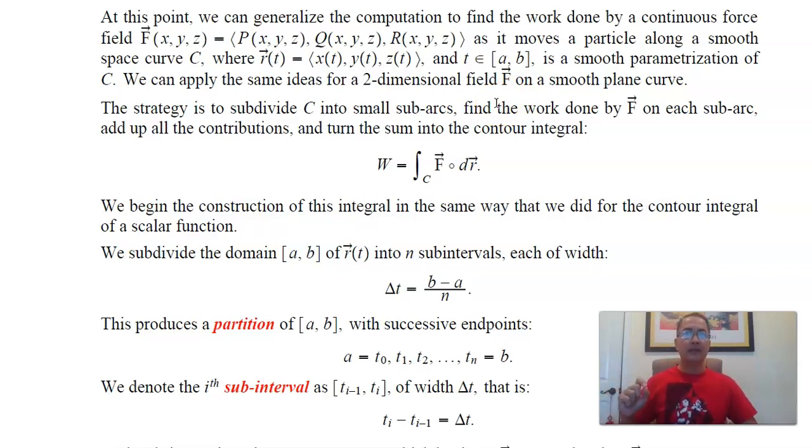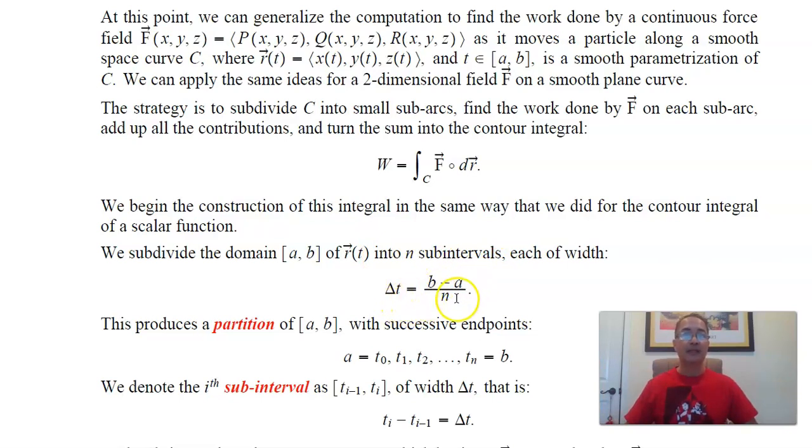We are going to start off the process using the same idea that we did for the contour integral of a scalar function. We are going to divide our domain a to b into n subintervals of equal width delta t. This sounds familiar, right?